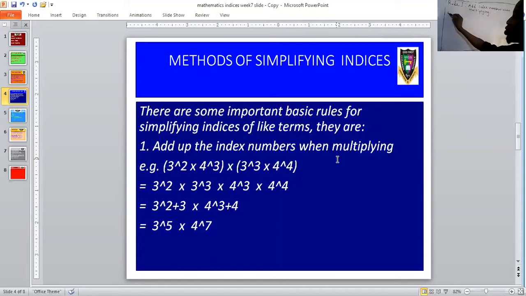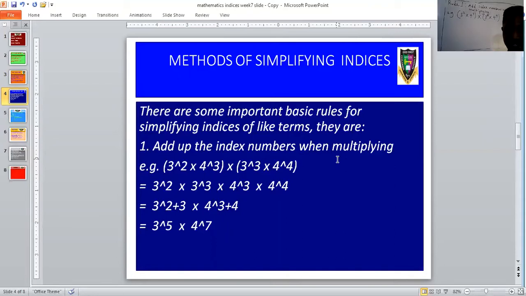So, for example, you have 3 raised to power 2 times 4 raised to power 3 times 3 raised to power 3 times 4 raised to power 4.